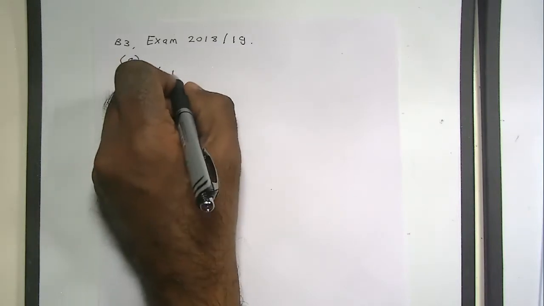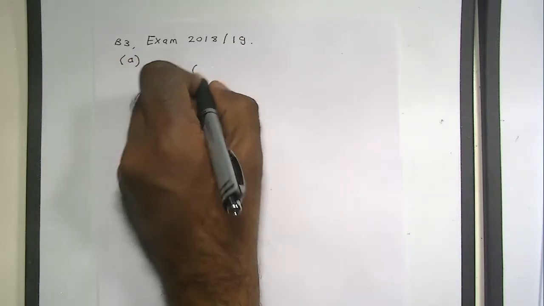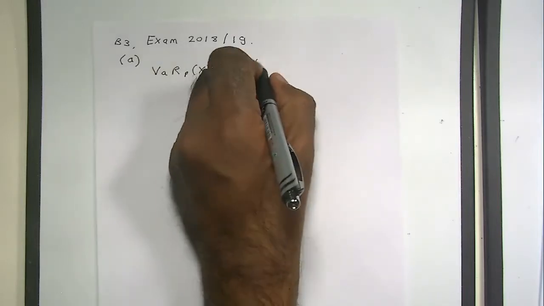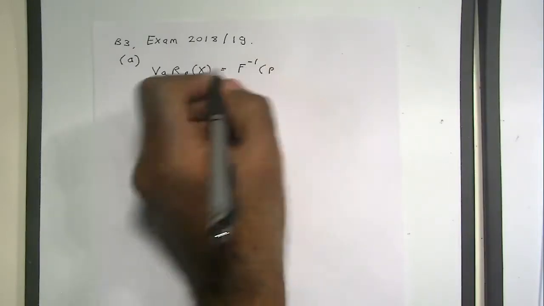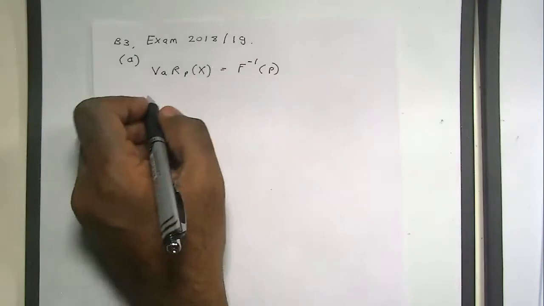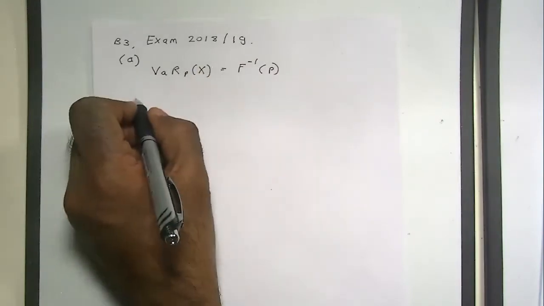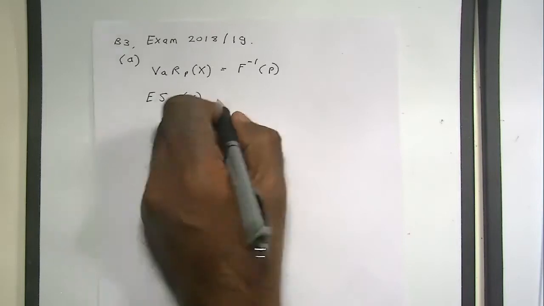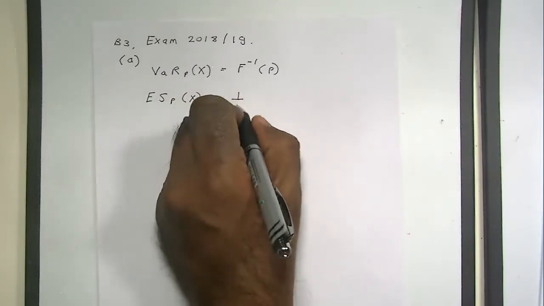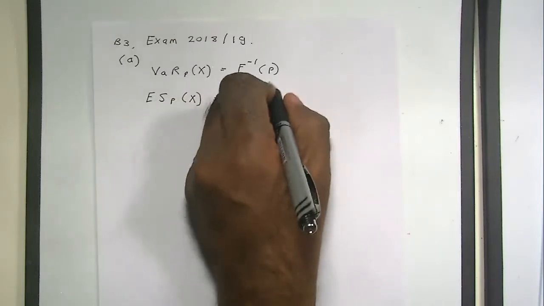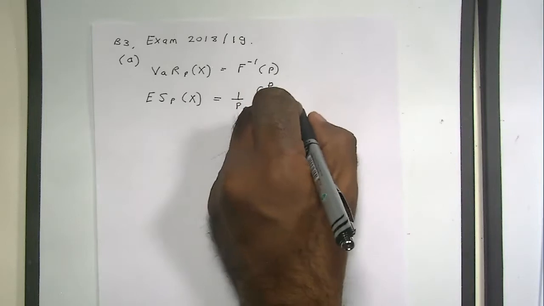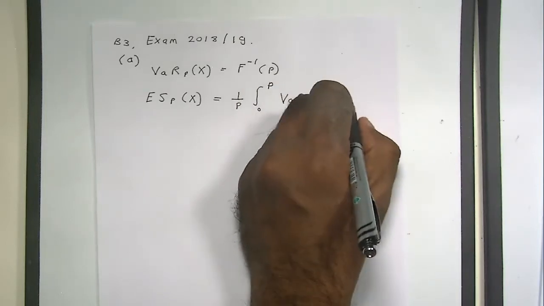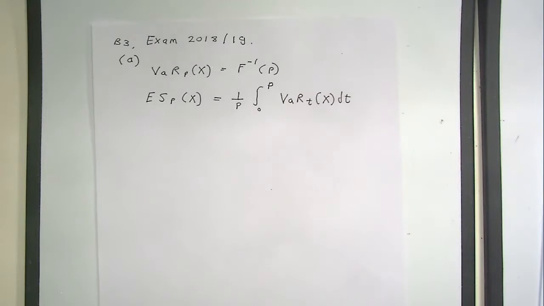So the VaR of x is simply F inverse at p of x, and the expected shortfall is 1 over p times the integral. So that's part A.